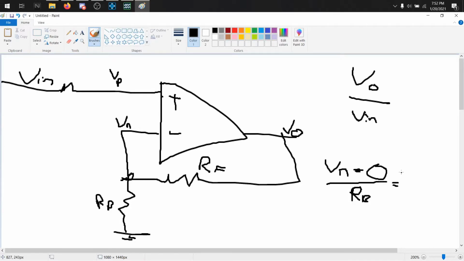I thought it'd be VO minus VN over RF. Let's see. No, I got it wrong.